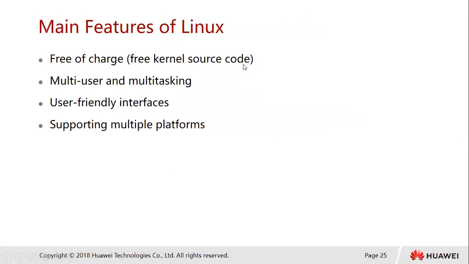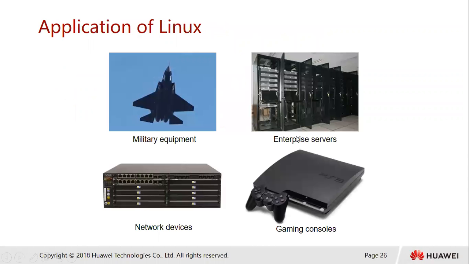What are some of the main features of Linux? It is free of charge, multi-user, multitasking, user-friendly interface, and of course, it supports multiple platforms. How about applications? You can see that Linux is used in military equipment, in servers, in networking devices, as well as in gaming consoles.